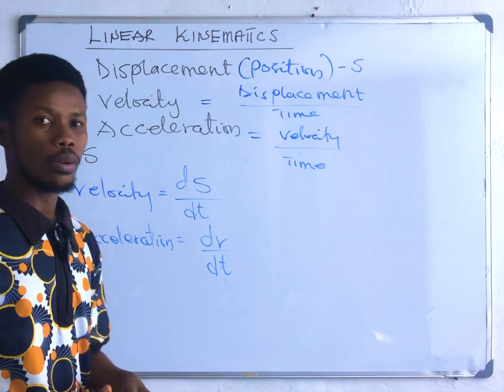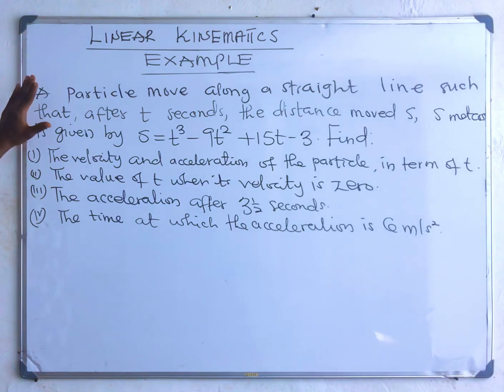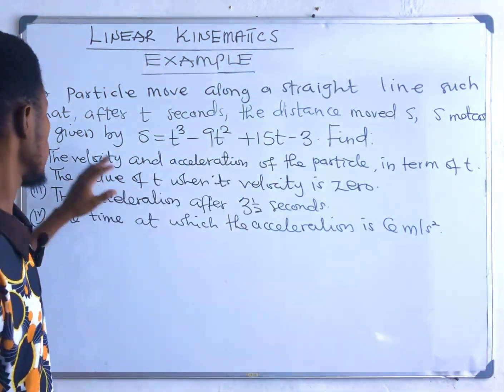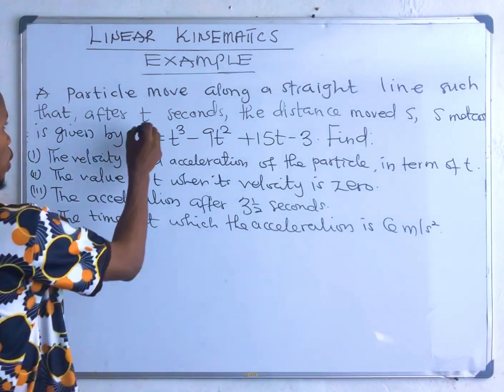Good. Now let's look at our first example. A particle moves along a straight line such that after t seconds, so we should take note of some of the things here.